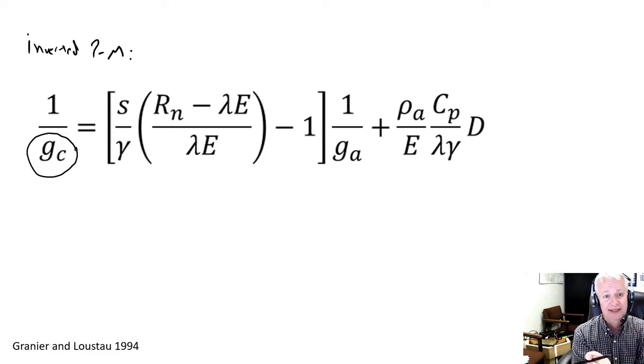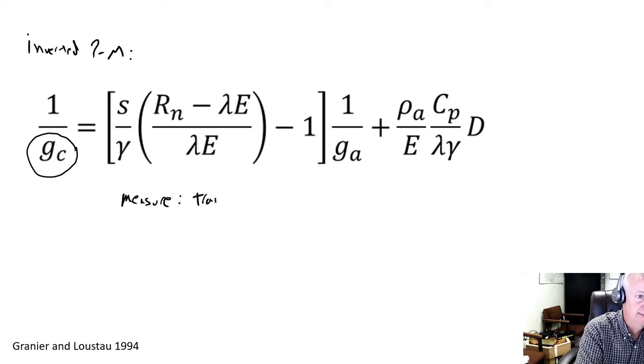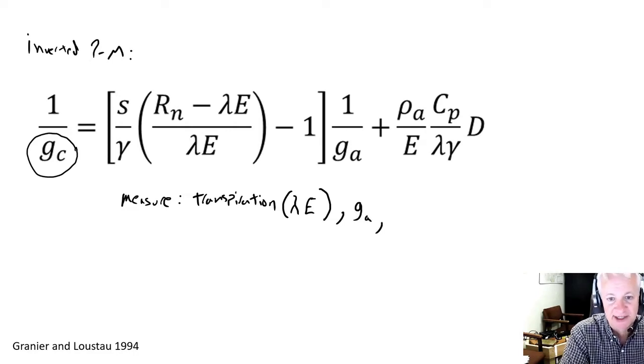Okay, now here you have a situation where if you measure transpiration, which is E, lambda E, GA, which is aerodynamic conductance, which is often calculated as a function of wind speed.